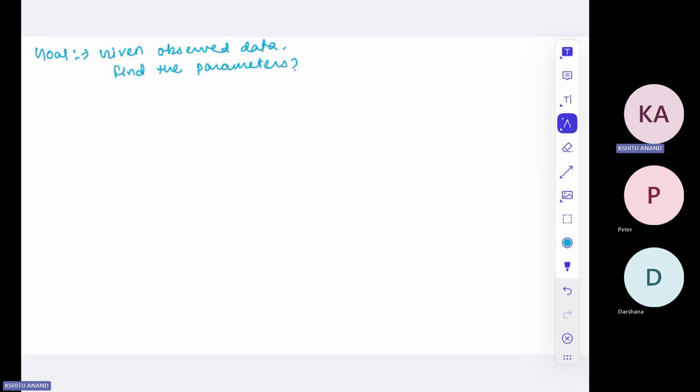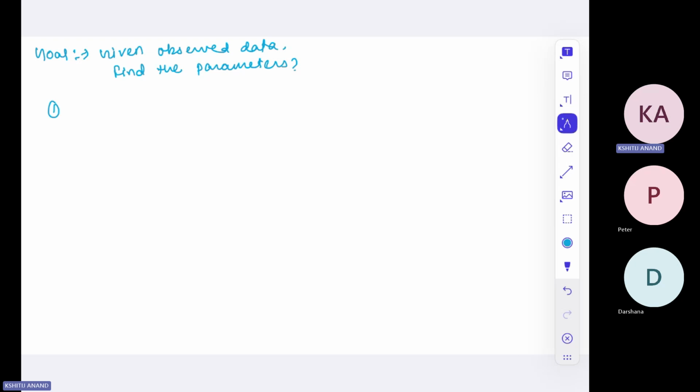First of all, we have observed data. Number one, the number of components, that is, the number of normal distributions that you want to take, we decide in the beginning. Or you can repeat this exercise multiple times and choose the one according to the AIC score, the Akaike information criterion, or BIC, whatever you want.